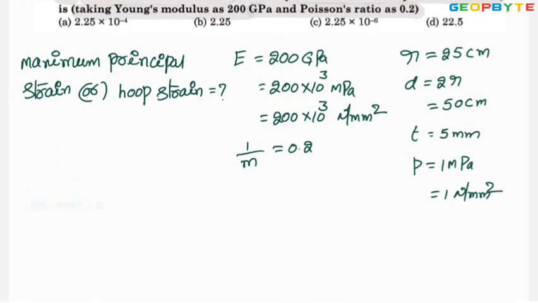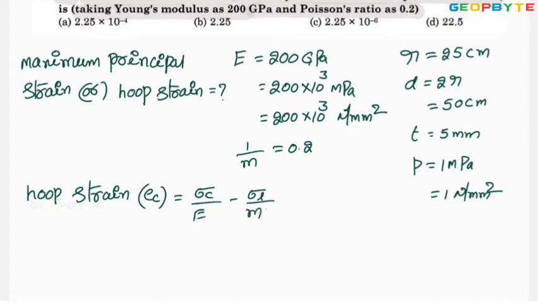Now the hoop strain EC equal to sigma C by E minus sigma L by mE.